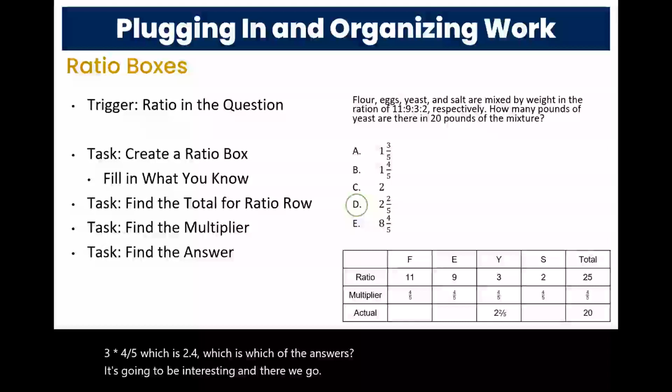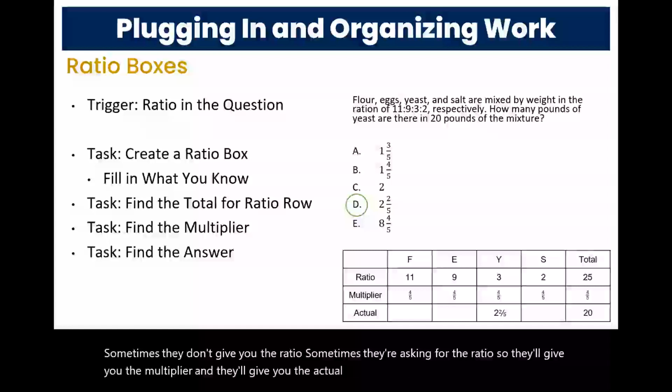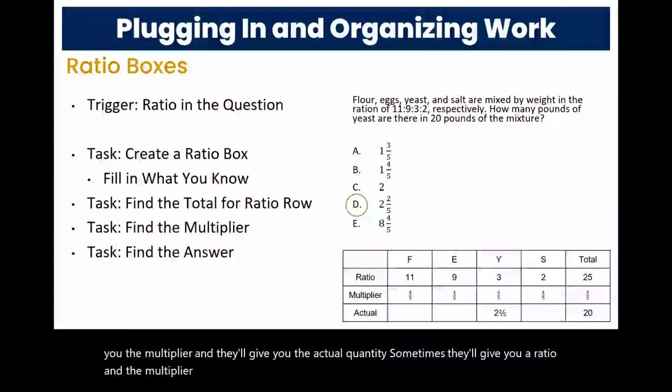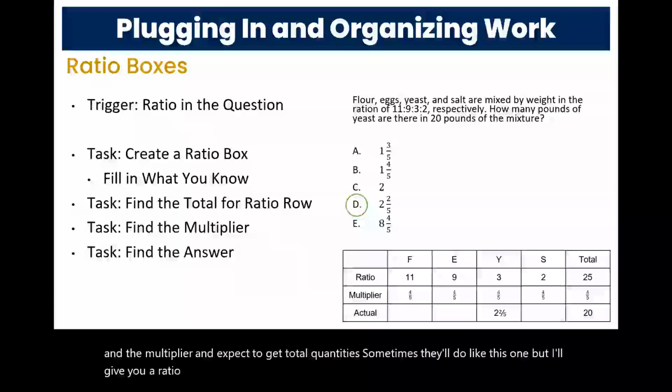So ratio questions actually are fairly easy to do once you pick up on what they're giving you. Sometimes they don't give you the ratio. Sometimes they're asking for the ratio, so they'll give you the multiplier and the actual quantity. Sometimes they'll give you the ratio and the multiplier and expect you to get total quantities. Sometimes they'll do like this one, where they give you the ratio and the actual, but they won't give you the multiplier, and that's what you've got to figure out to solve the rest of the question.